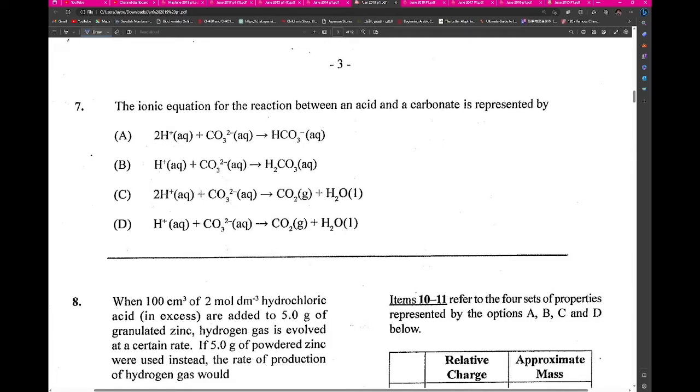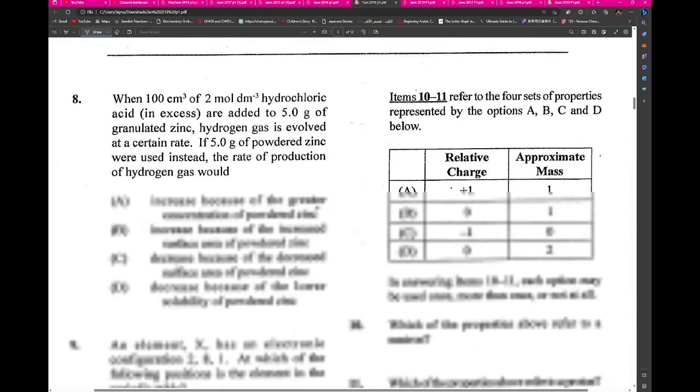Ionic equation for the reaction between an acid and a carbonate represents. We know that an acid reacting with a carbonate would give us carbon dioxide plus water. Alright, so we're looking at a balanced equation. That should be it.